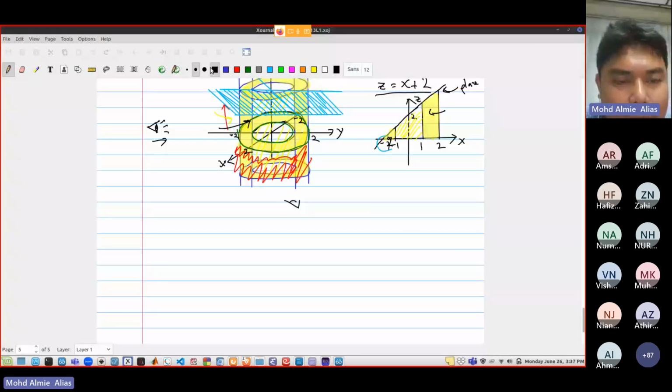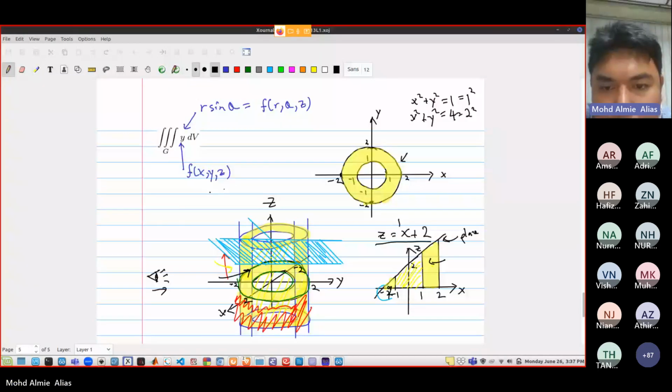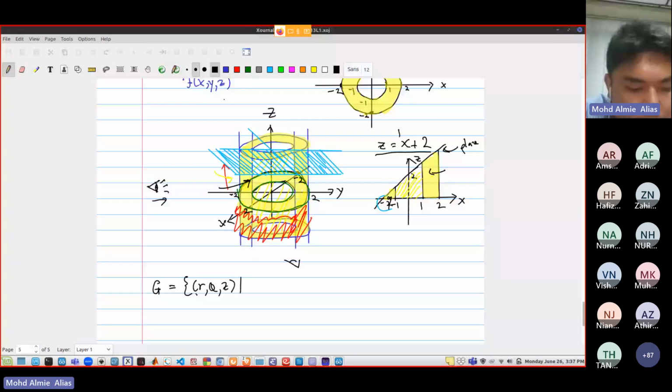How we describe it: our G, which is r, theta, and z. R is the radius. This r and theta describe our region, which is this.